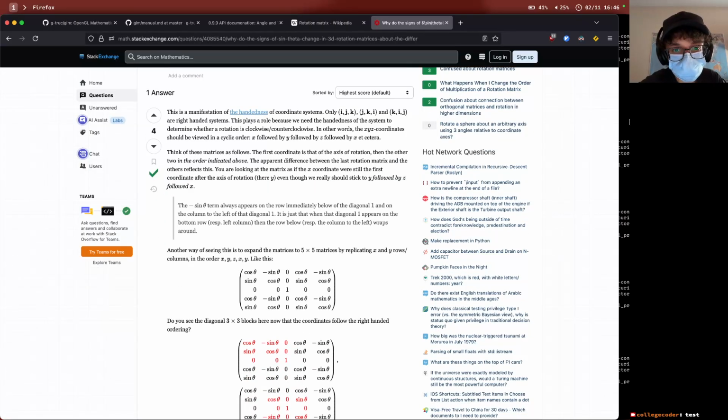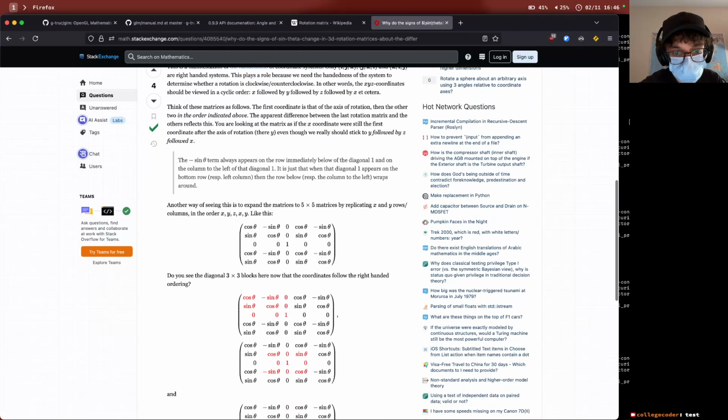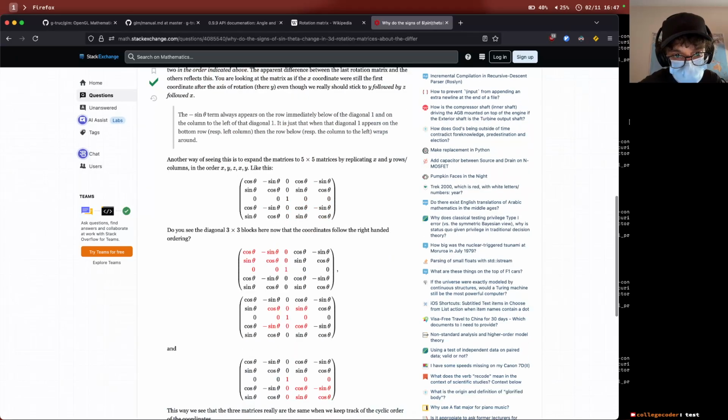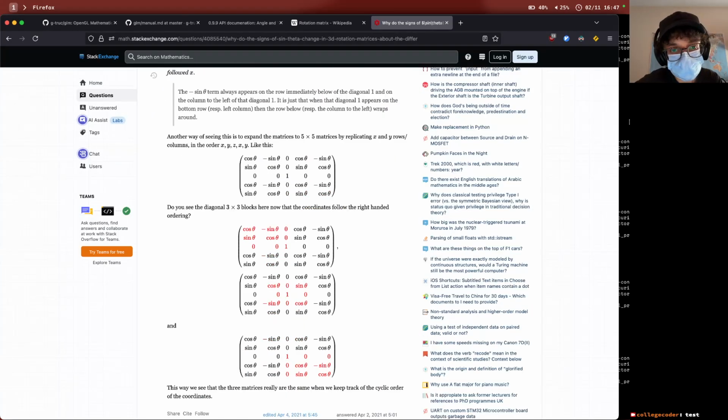All right. Span the matrices to 5 by 5, replicating x and y rows and columns in the order x, y, z, x, y.